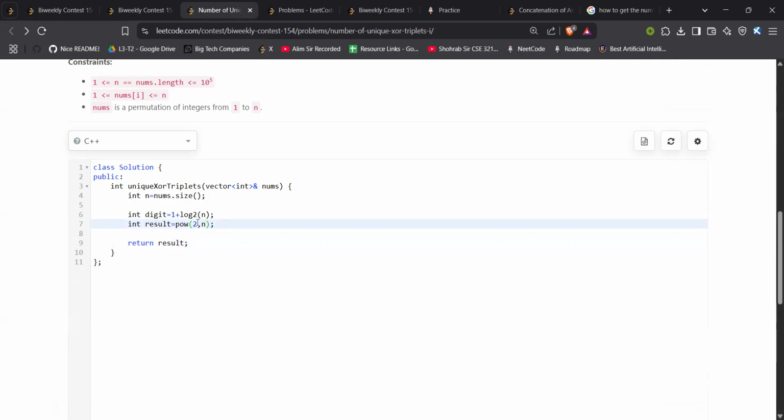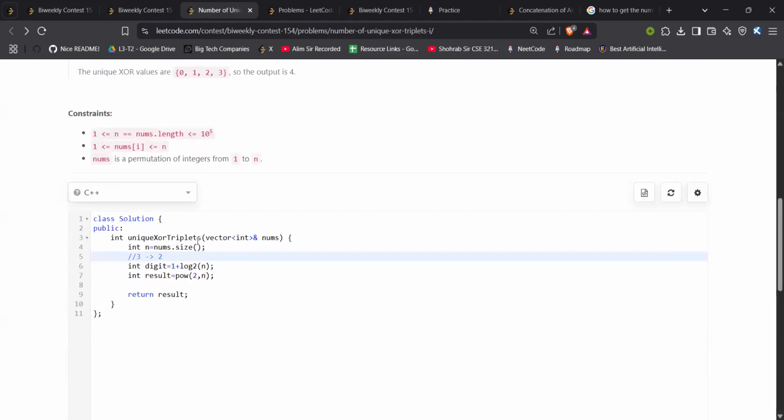Why though? For example, if we have 6, which has 3 digits, I'm saying it's 2 cubed, which is good. Actually, it's like 3, which is like 2 digits. So what's the problem though?